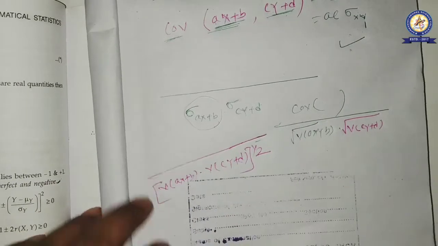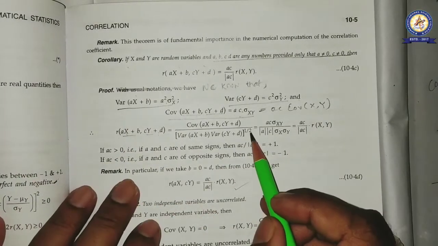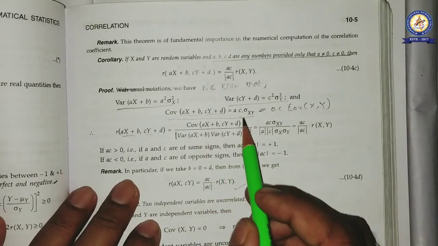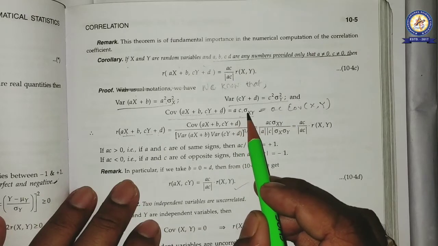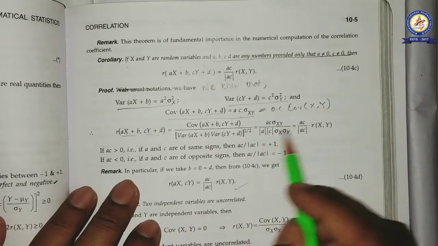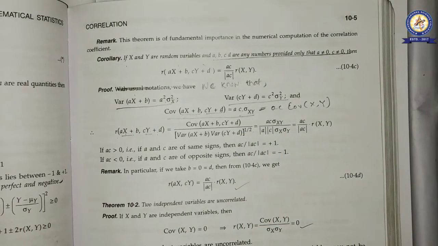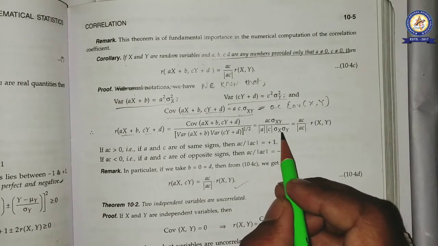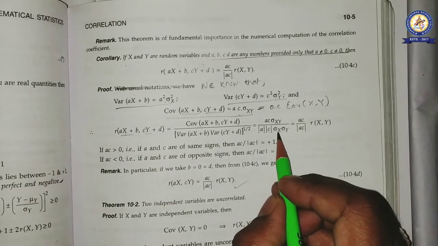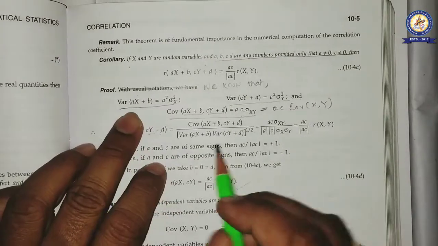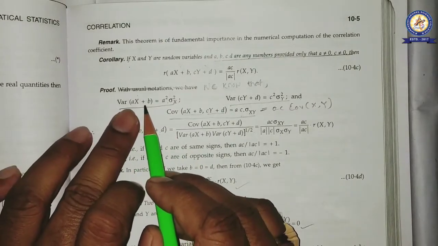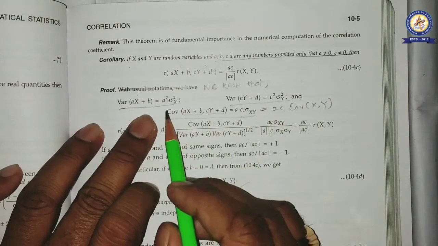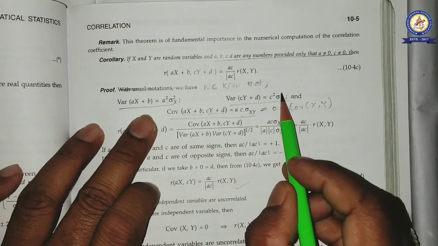Whatever is written here only. Okay, so the covariance of ax plus b, cy plus d is nothing but ac sigma xy, divided by modulus of a into modulus of c into sigma x into sigma y, because you can see the variance of ax plus b is nothing but a square sigma x square, and here c square sigma y square.